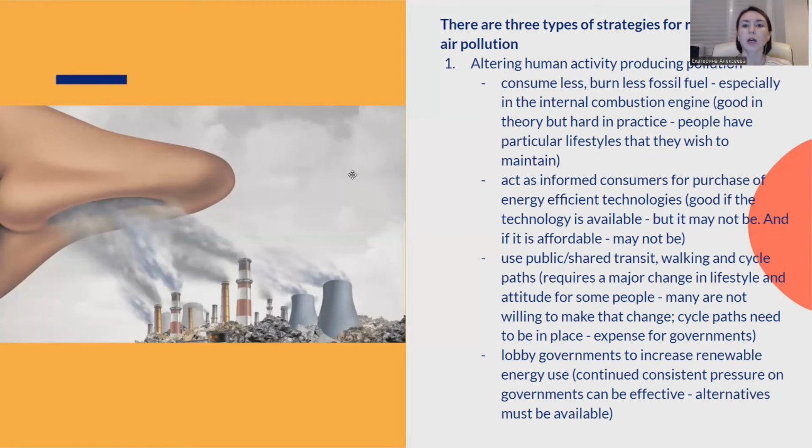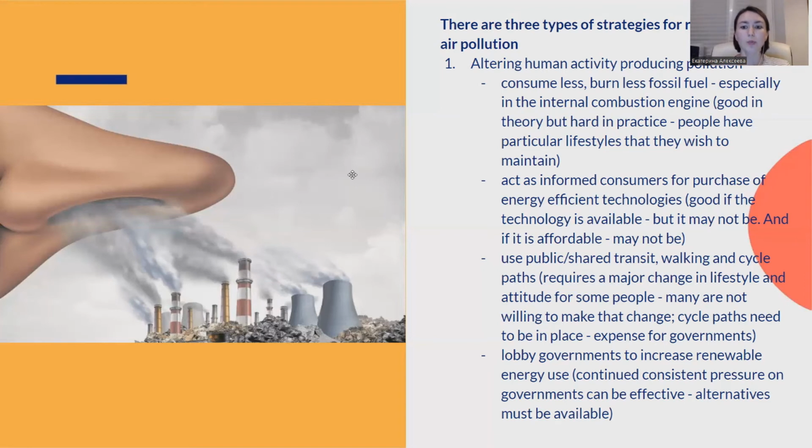So what we can do, we can consume less, we can burn less fossil fuel, we can act as informed consumers for purchase of energy efficient technologies. It is good if the technology is available, and here you can see some evaluation of each example of the strategy, and sometimes it can work easily, but sometimes it's really hard to do.